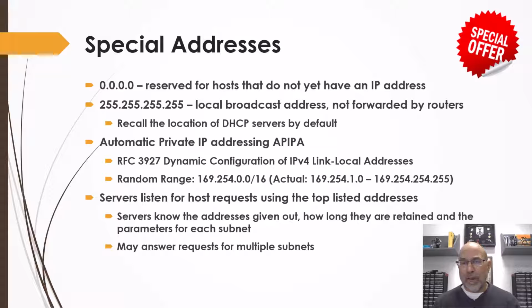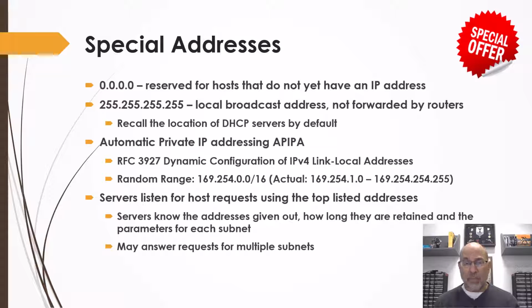The local broadcast address of all 255s is not forwarded by routers. It's for broadcast on a particular network. The other kind of address is a directed broadcast that includes the prefix for the subnet and then 255, or all ones, in the host portion of the address.